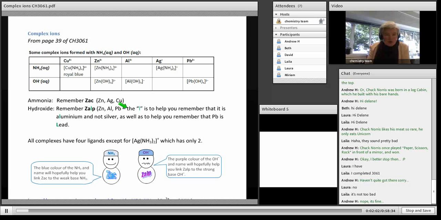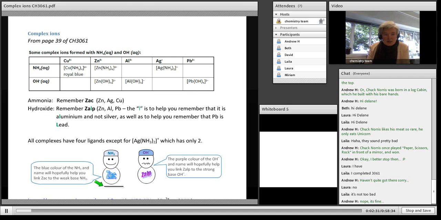Sorry, I've done the wrong thing here, so let me get rid of that green arrow. Ignore the green arrow. You have to learn these off by heart. Now, I remember them as ZAC, and ZAC would stand for zinc, and the A for silver, and the C for copper.